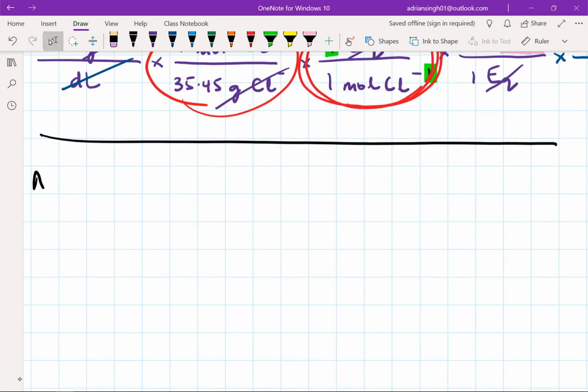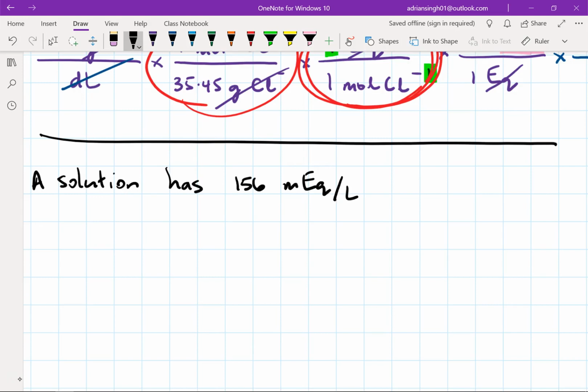Let's say that a solution has 156 milliequivalents per liter each of Na plus and Cl minus.